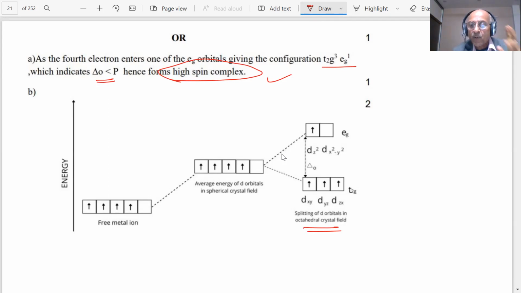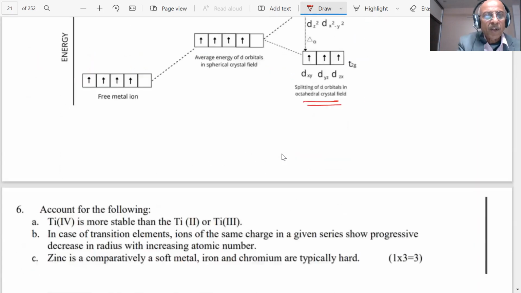So their energy is higher, and those orbitals between the axes experience lesser repulsion from the octahedral field. This is the reason the three, dxy, dyz, dzx, are of lower energy. They are called t2g. The others are called eg. All right, this answers the question.